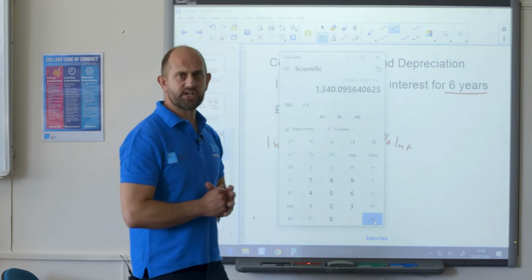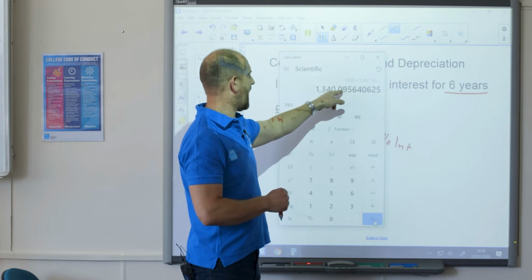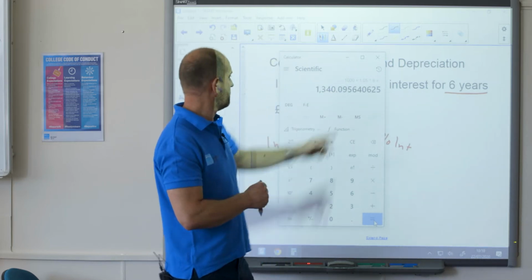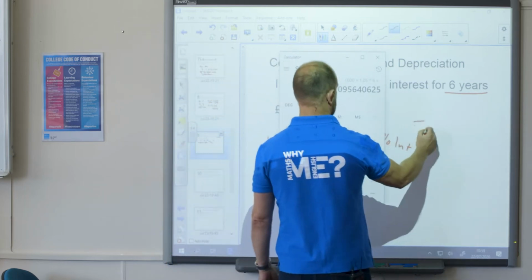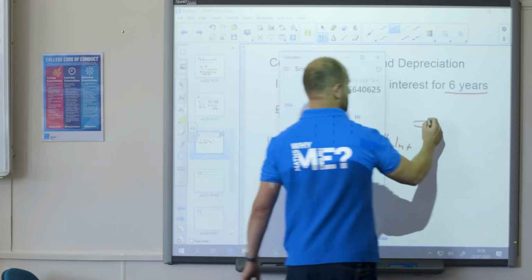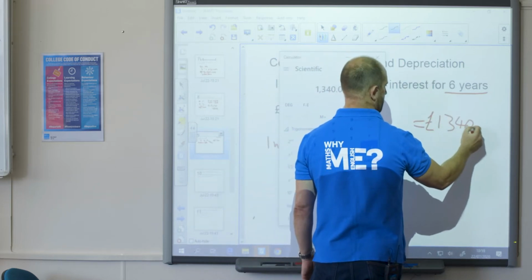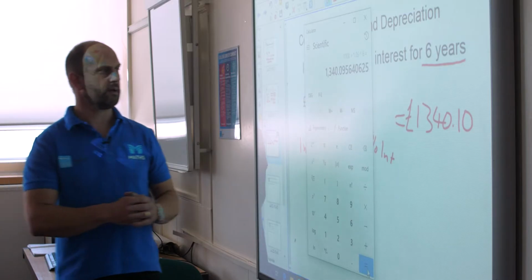So at the end of 6 years then, I've got £1,340 and 9 pence. 0.5, we'll round that up to 10 pence. So that equals, at the end of 6 years, £1,340 and 10 pence. Okay?